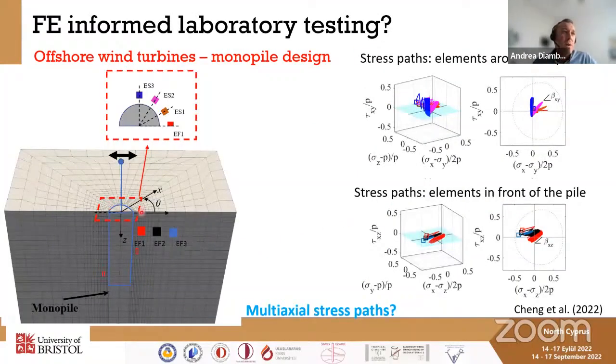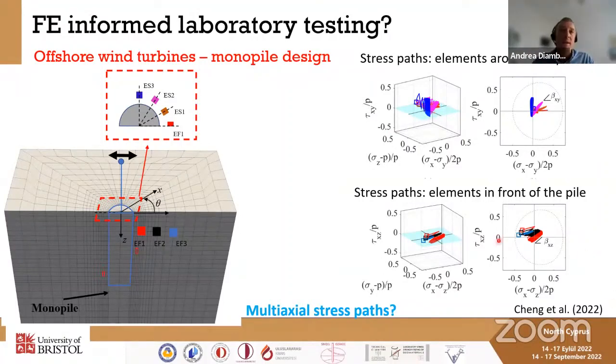have taken a monopile and we have analyzed the stress path of several elements around the monopile. In front of the monopile, all around, on the back, and for each element, we have extracted the stress path, and we have given some recommendation for hollow cylinder or other type of testing to be used in our laboratory testing to calibrate the constitutive model.